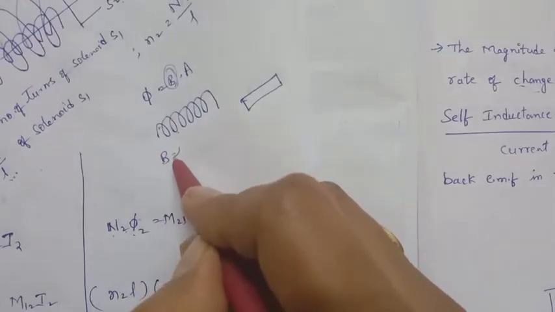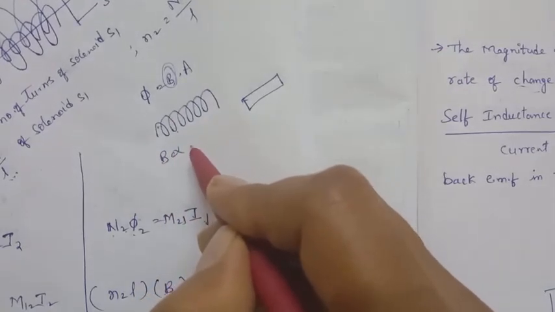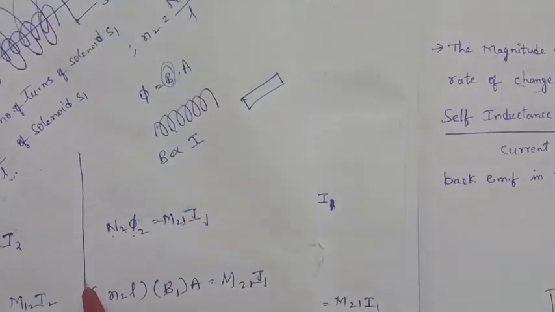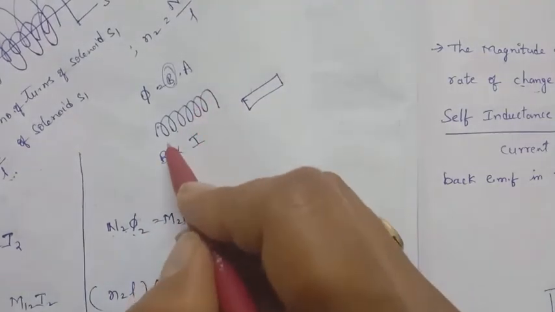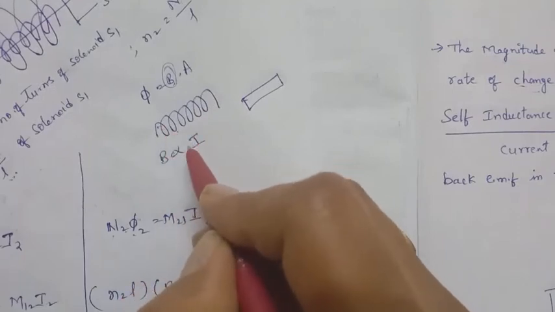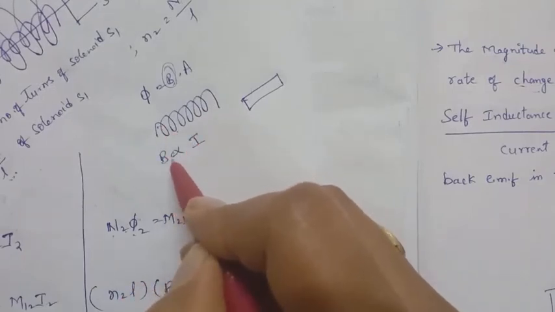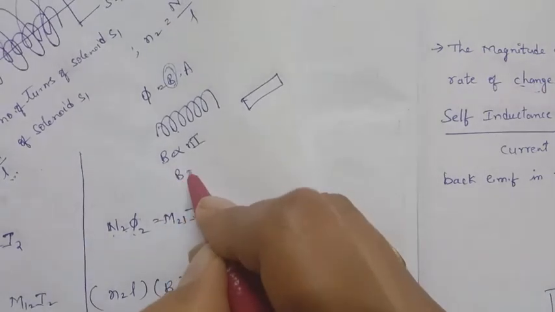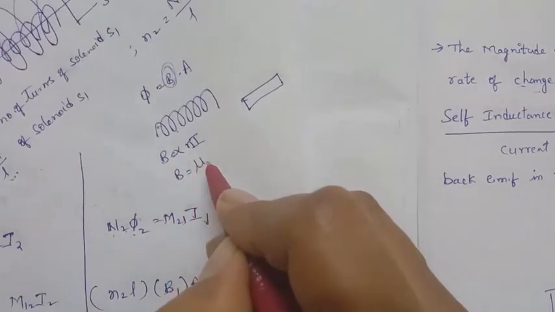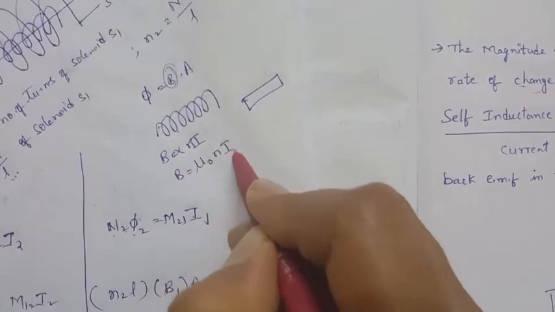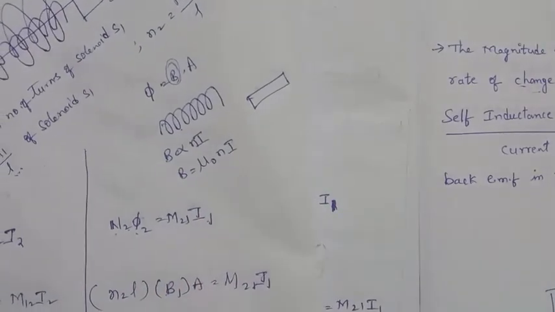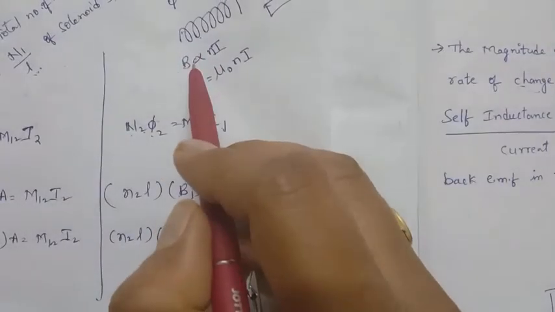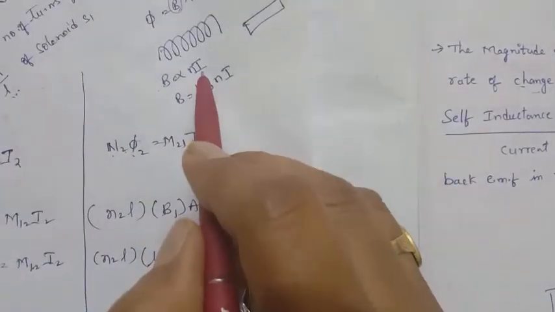That's why B is directly proportional to I, and also B is directly proportional to the number of turns. That means B is directly proportional to N i, and B is equal to the proportionality constant mu naught N i.